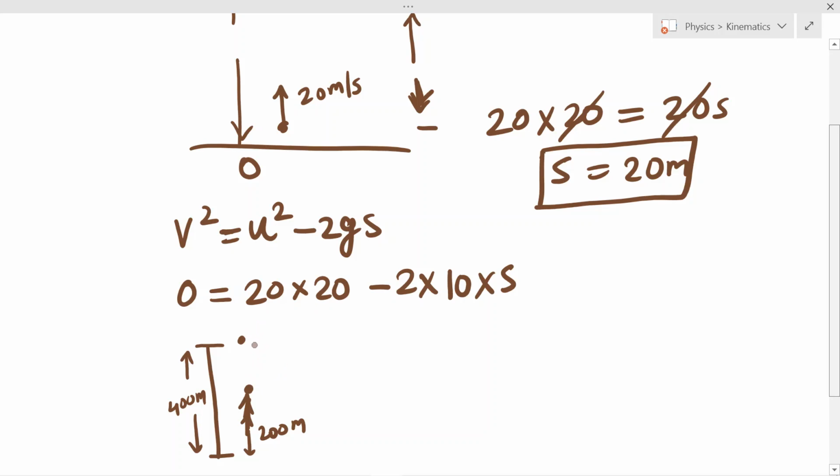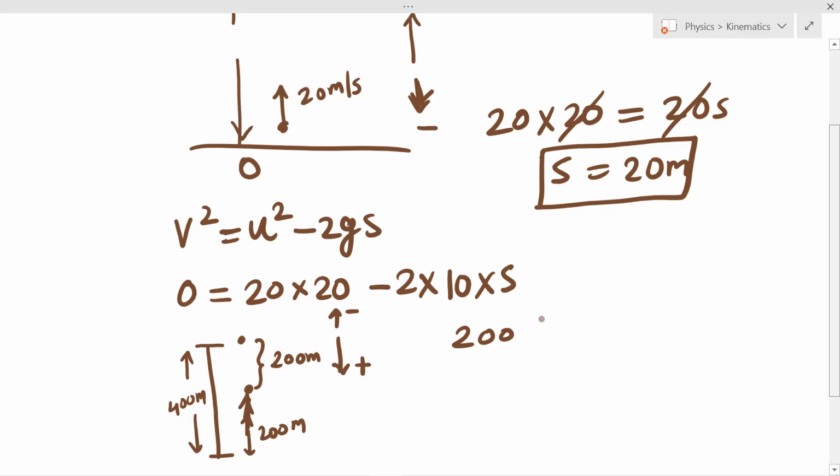So now let's do this. So now the displacement is 200 meter, and let's say downward direction is positive, upward direction is negative. So now 200 is the displacement and it is in positive direction.